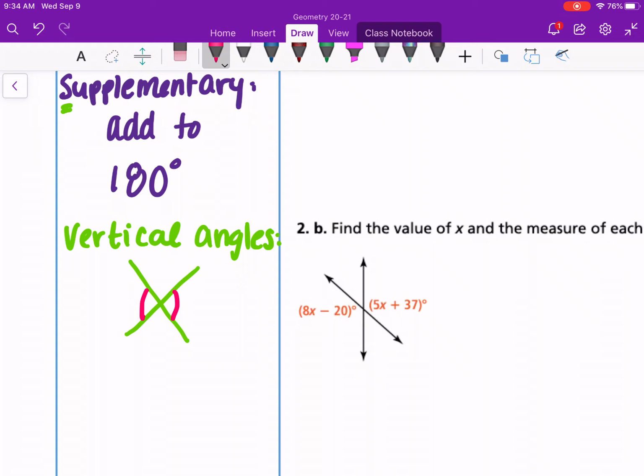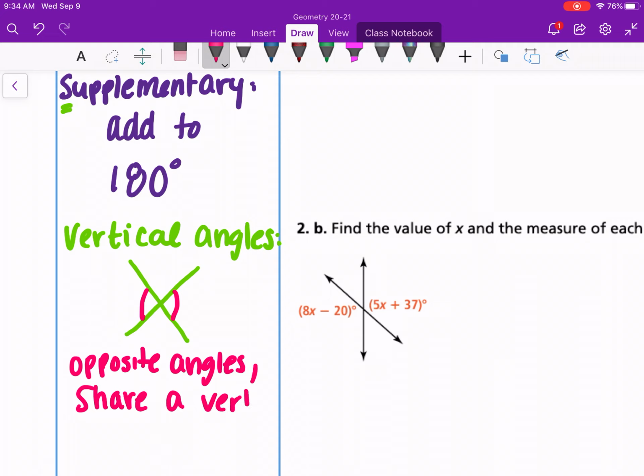They are angles that are across from one another, but they share a vertex. So, opposite angles share a vertex. And the vertex is this point right here where the two angles come together.